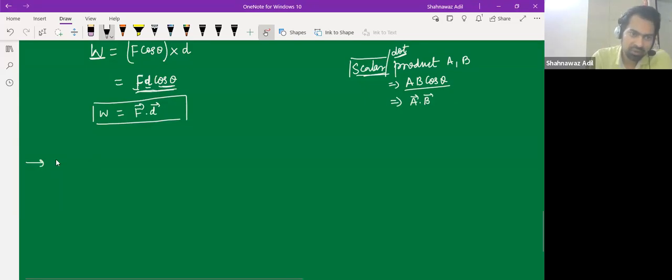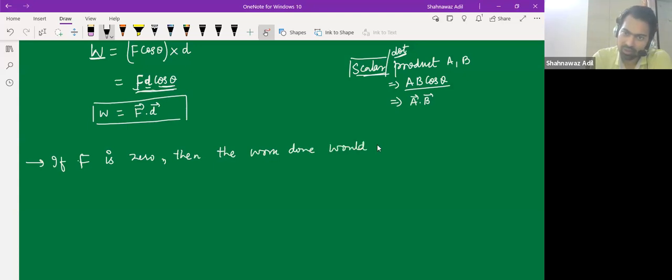So if F is zero, then the work done would be zero. Of course, if there is no force acting on an object, then the work done would be zero. And second, if displacement is zero, you are applying some force.